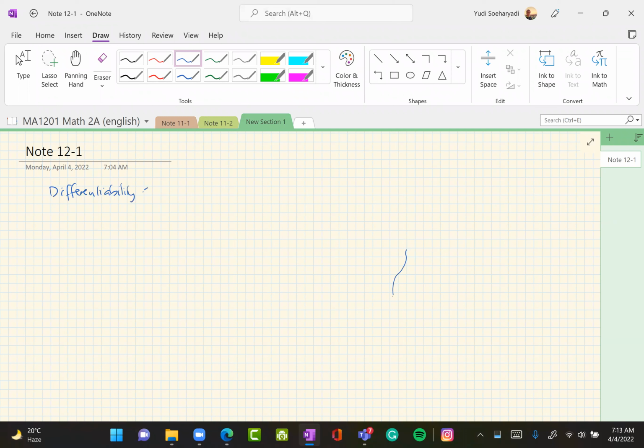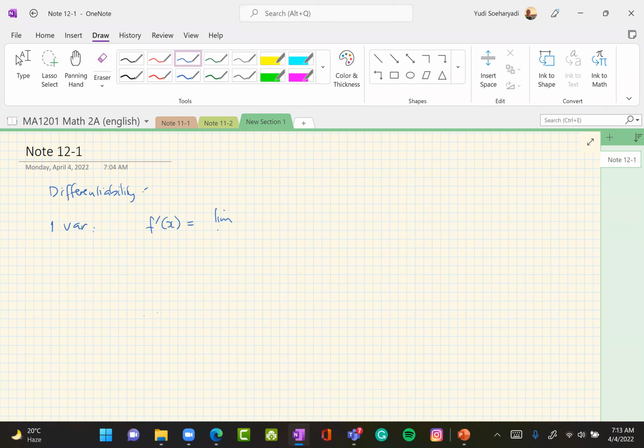Okay. x is one variable. You recall that the derivative is defined by this one here: x going to a of f of x at a point a.